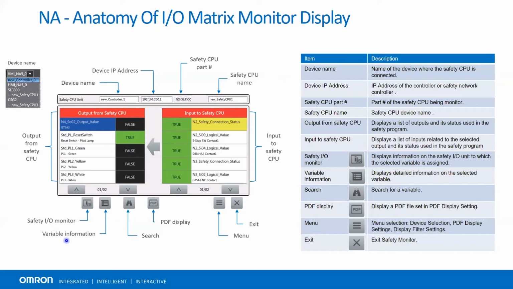Variable information, display detailed information on the selected variable. The search for variable. PDF display, display a PDF file set in the PDF display setting. Menu, gives you a menu selection for device selection, PDF display settings, display filter settings, and exit the safety monitor.